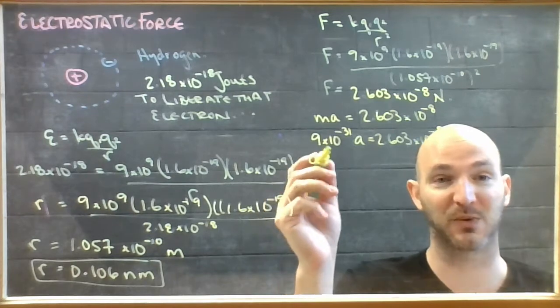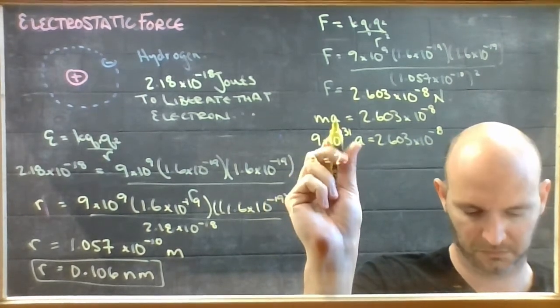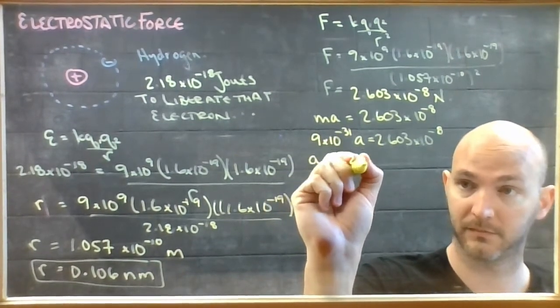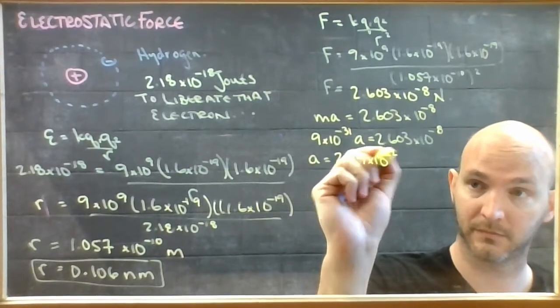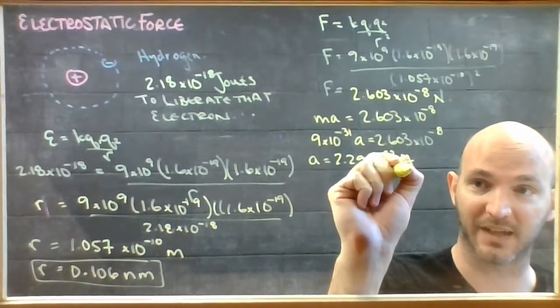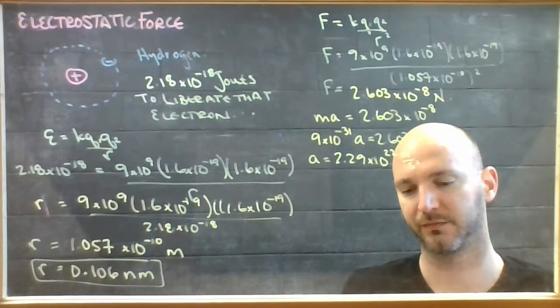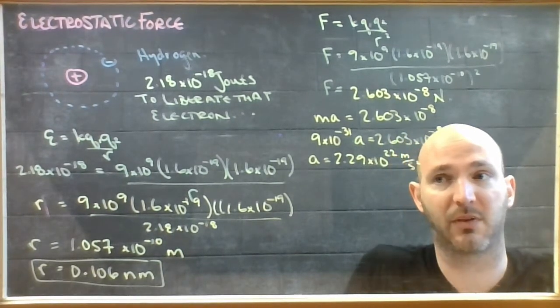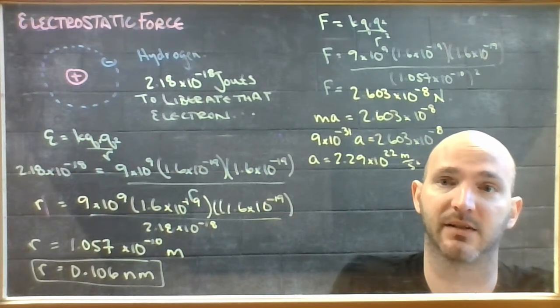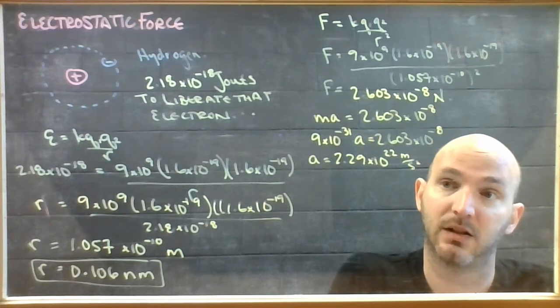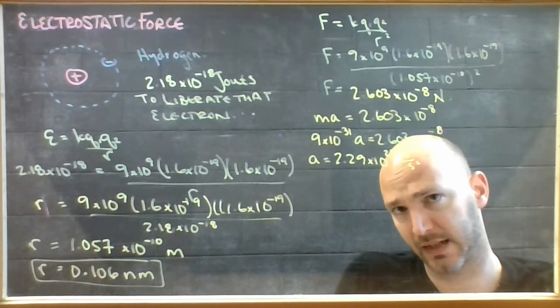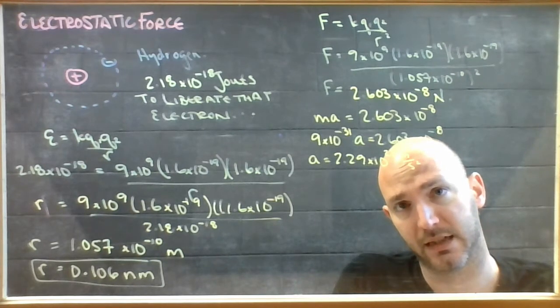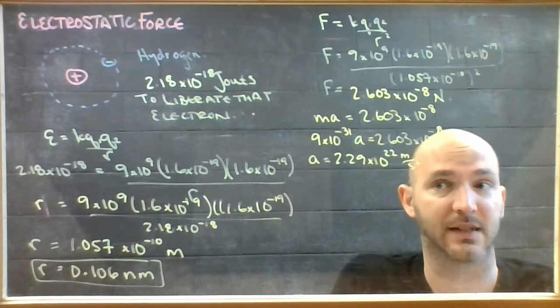2.29 times 10 to the 22 meters per second squared. Well, that's problematic. Speed of light is only 3 times 10 to the 8. So if I strip a 10 to the 8 off of that, I would end up with a 10 to the 16.